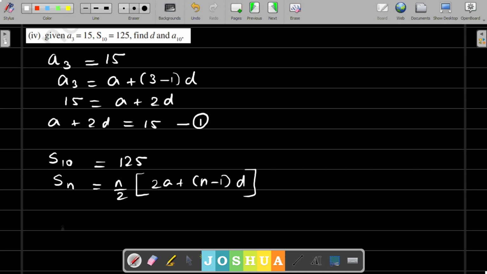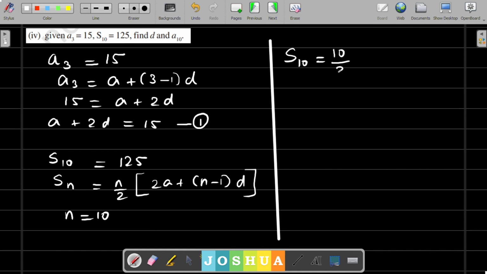s10 is 125, so n is equal to 10. So s10 is equal to 10 upon 2 times the bracket 2 times a, which I don't know, plus 10 minus 1 times d. Okay, d also I don't know.